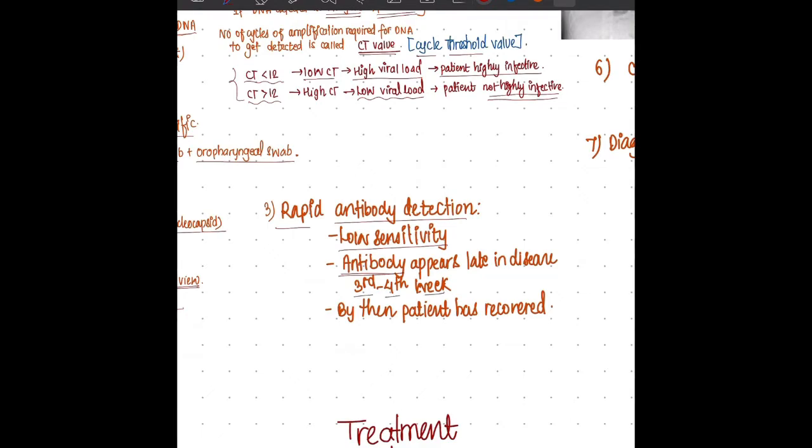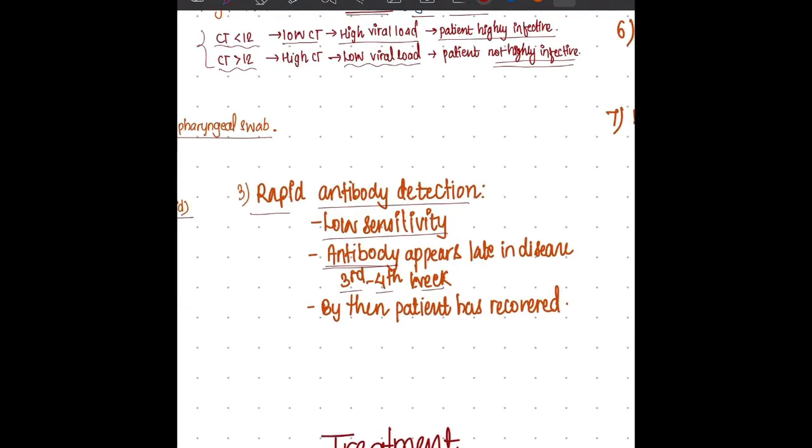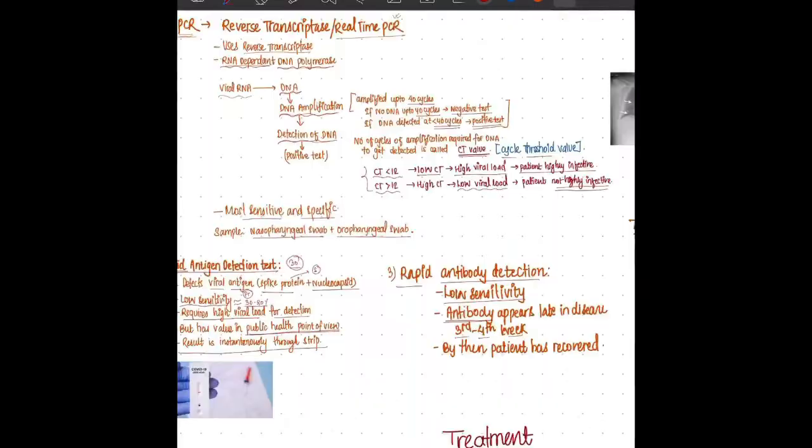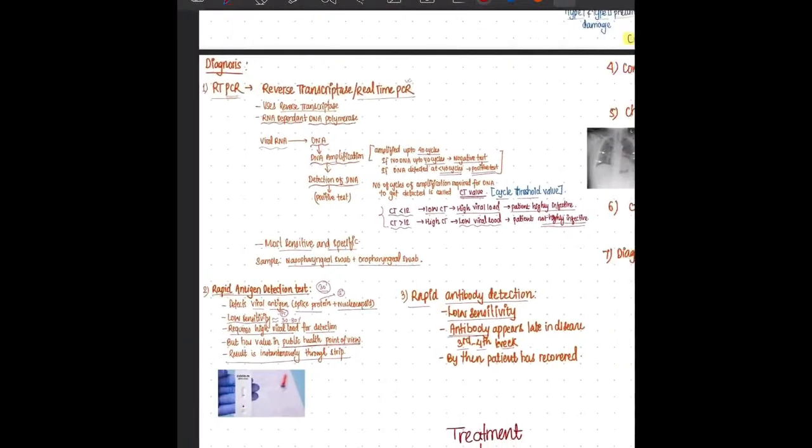By the time antibody appears, the virus has already been cleared and the patient has become asymptomatic once again. The patient is in the healing curve, and hence the rapid antibody detection test can only detect either healed cases or late presenting cases, right? The antibody detection test is not that effective. Okay. So these are the tests for the diagnosis of COVID-19.